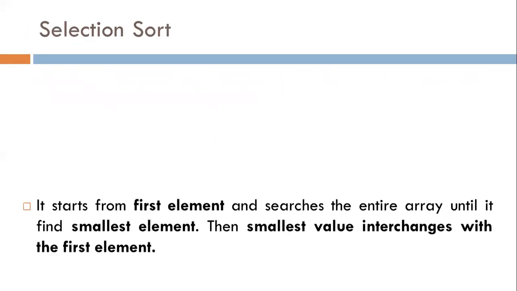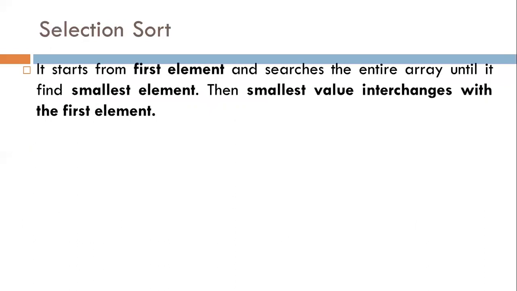Now, selection sort. In the selection sort method, we start from the first element and search the entire array until we find the smallest element. After finding the smallest element, we interchange the smallest value with the first element.